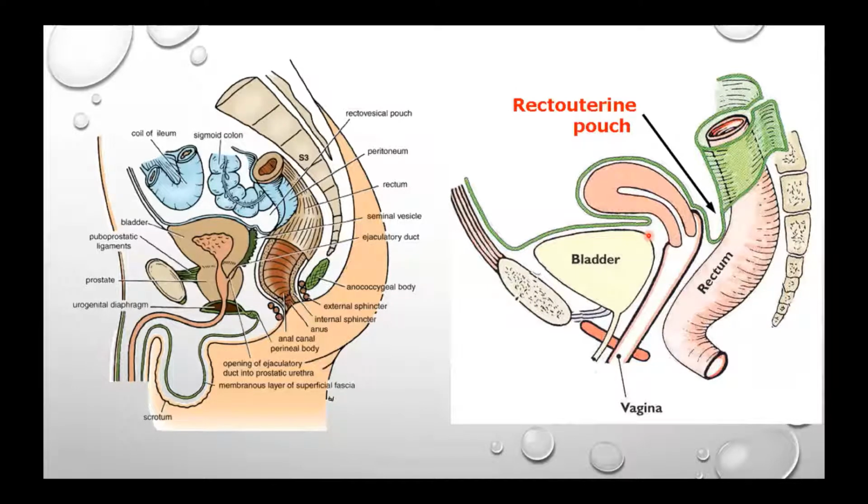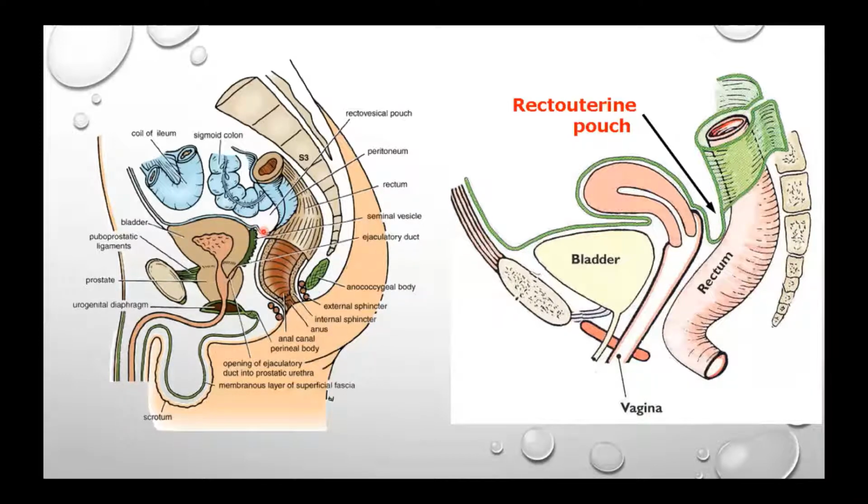So in both cases, there are two pouches formed near the posterior relations here. In the male body, the pouch between the rectum and the vesicle, or the bladder, is called the rectovesical pouch.